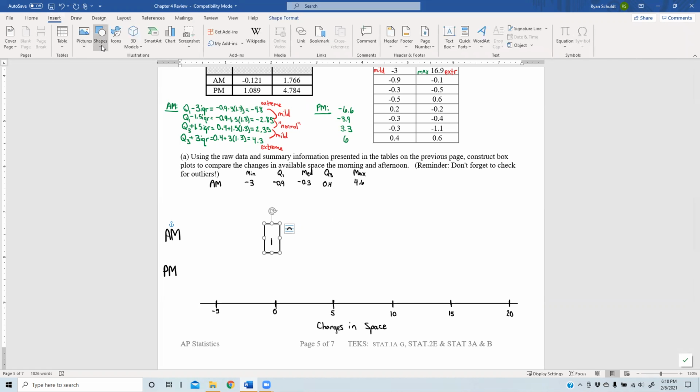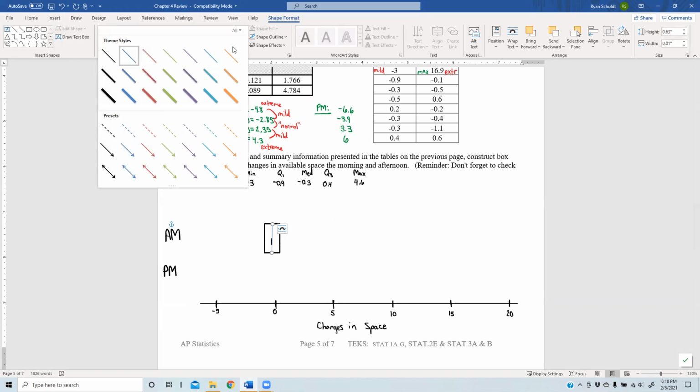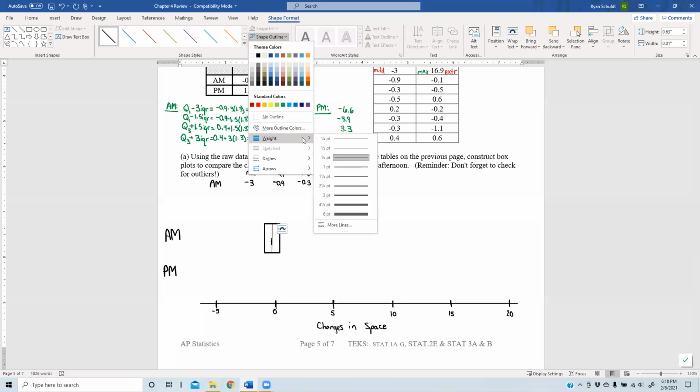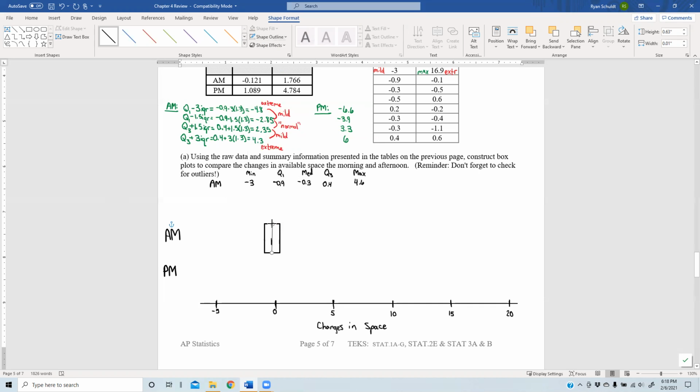Okay, now let me draw my median in there. Hang on.